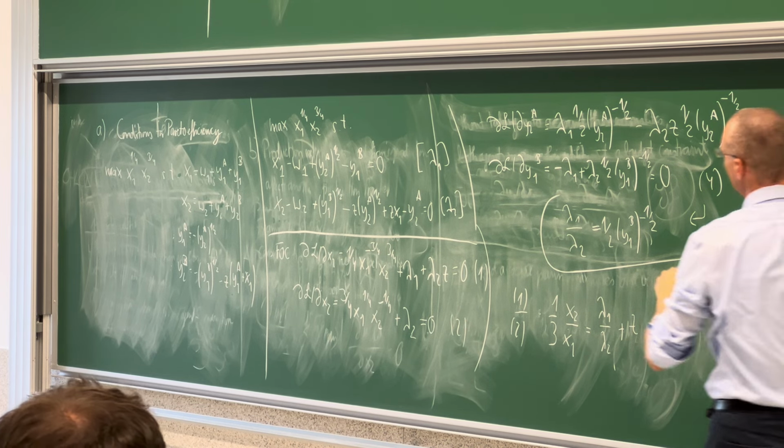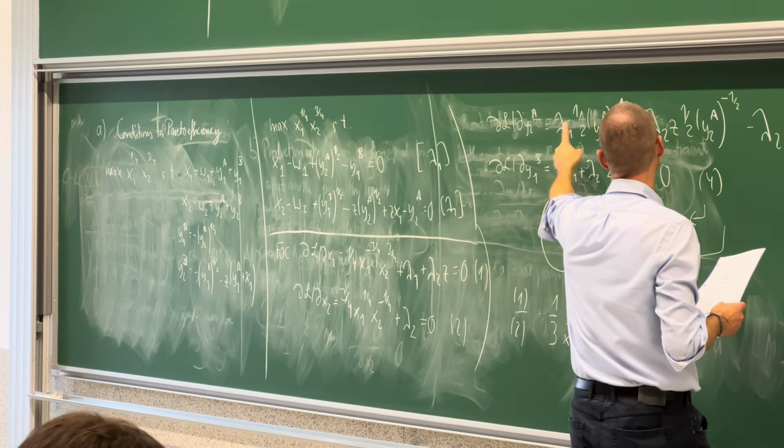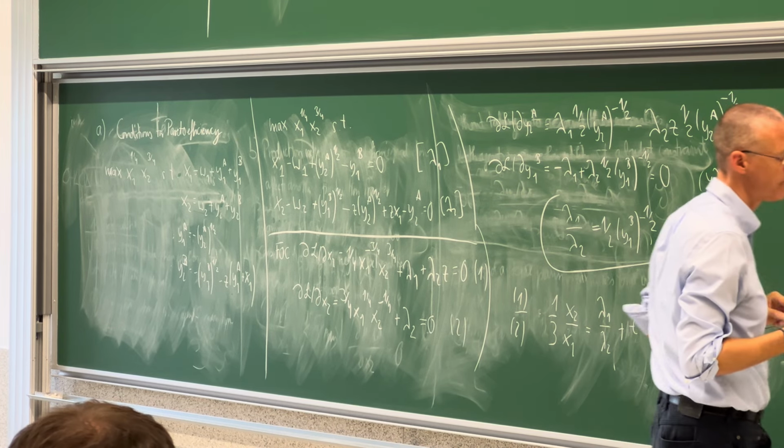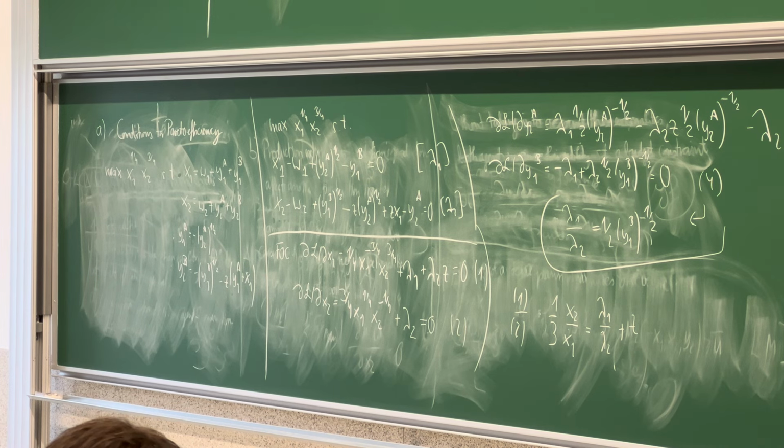This first part here is equal to this part here: zeta 1/2 y2A to the minus 1/2 plus 1. Then we get lambda 1 over lambda 2. We're done basically. Lambda 1 over lambda 2.